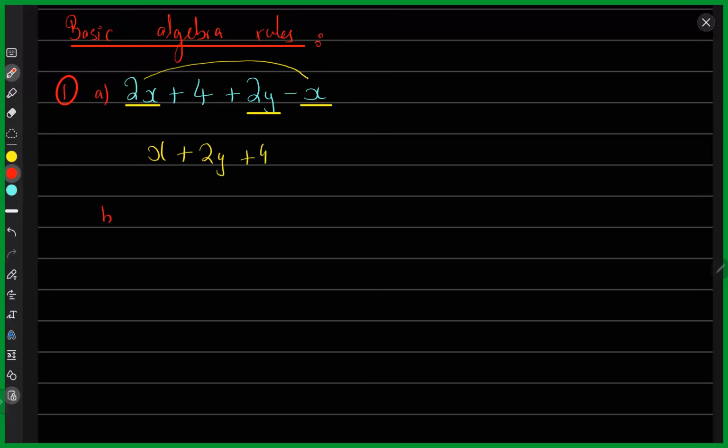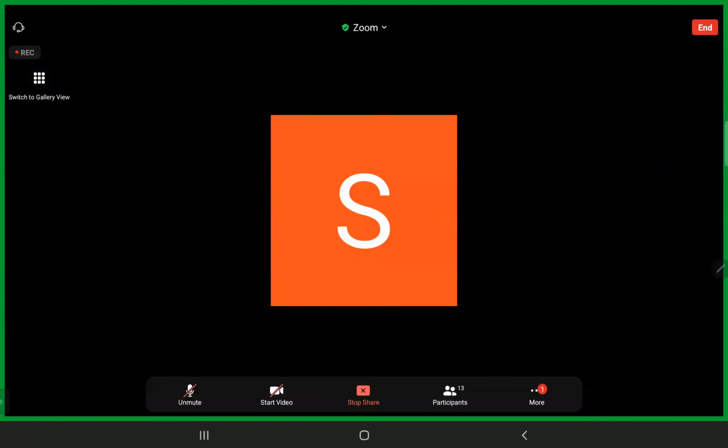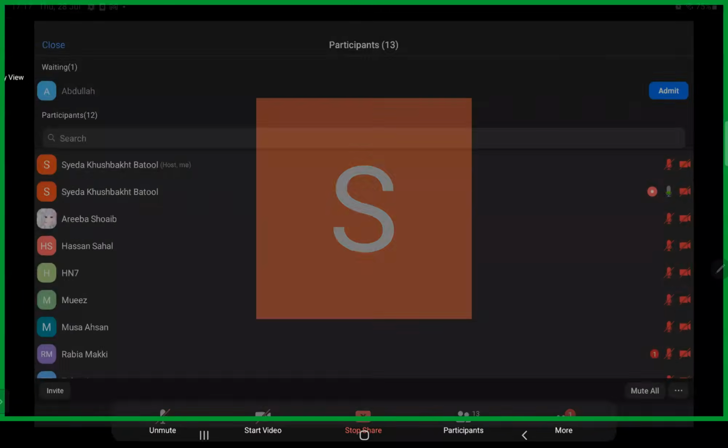Part B is you have 3y plus 8x plus 11y minus 5x plus 9. Again, the idea is same. We can combine like terms. And how do we combine like terms? By first understanding which terms are same.